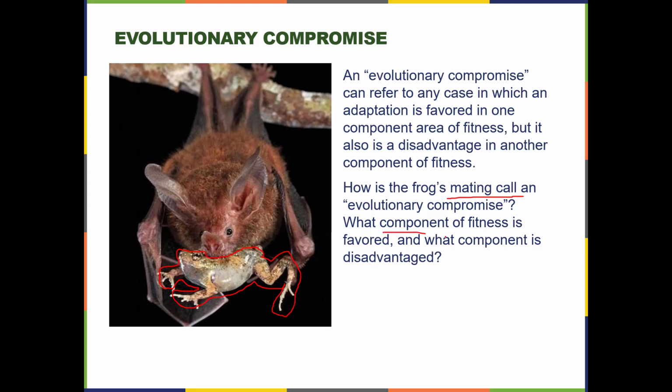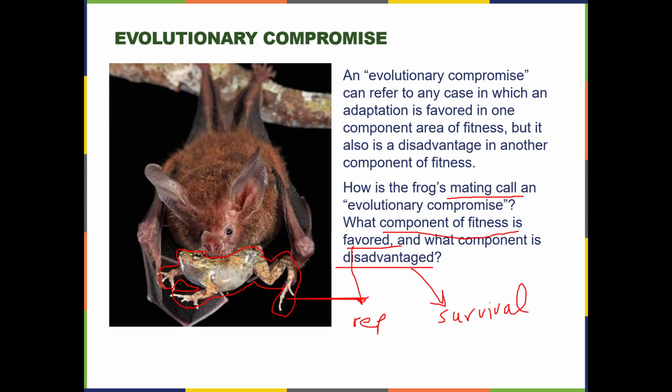So which component of fitness is favored? It would be reproduction, attracting a mate. But which component of fitness is a disadvantage in this case? Singing attracts a mate, so it's favored for reproduction, but it also attracts a predator, so it's a disadvantage for survival. So that's weird, because you have one trait, singing, that's both an advantage and a disadvantage.